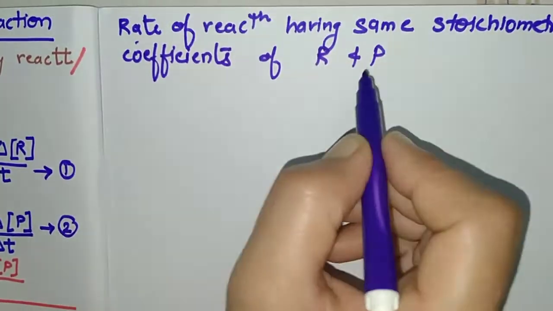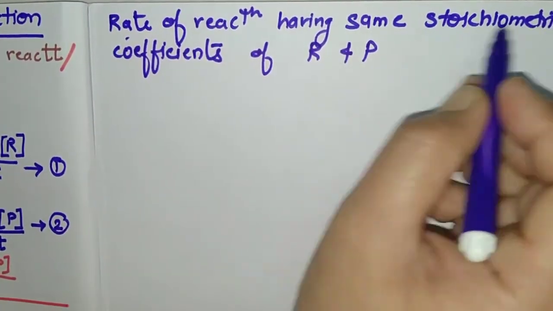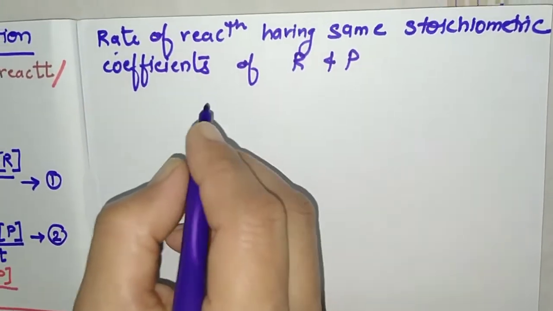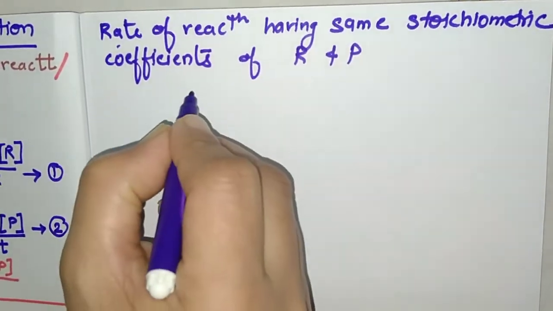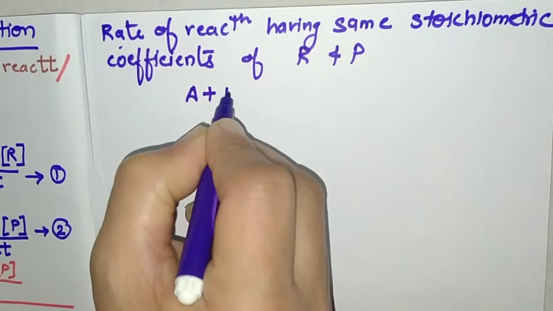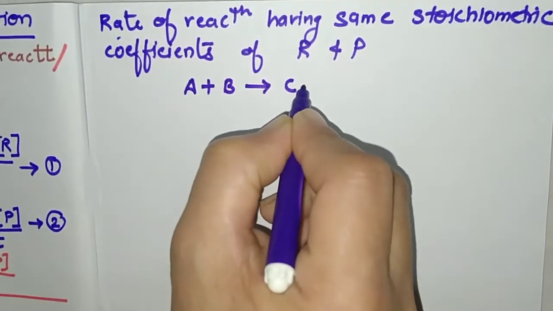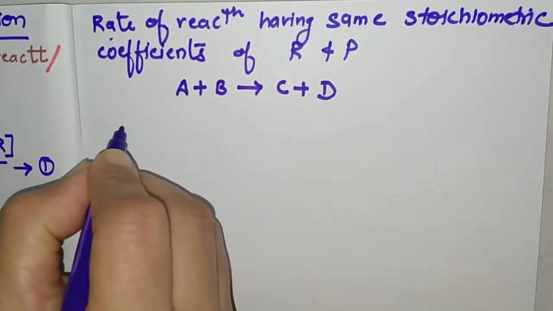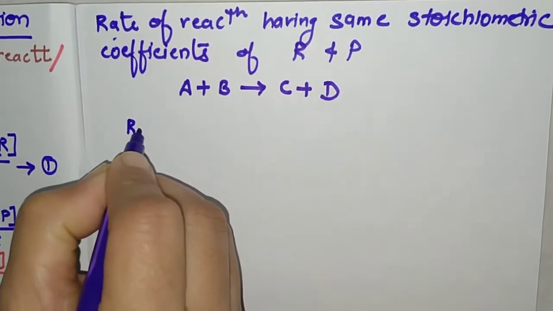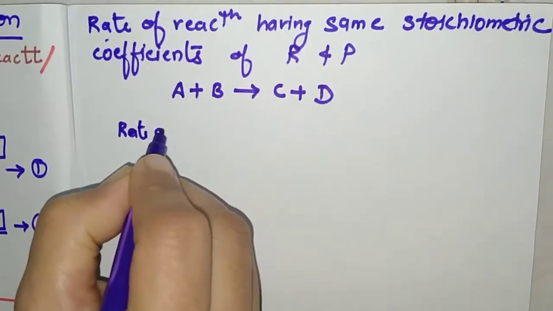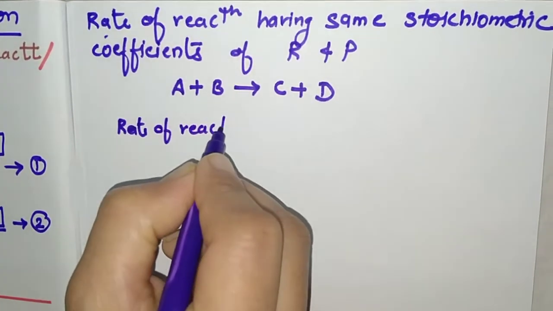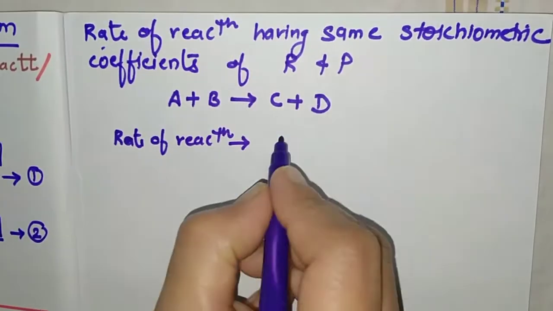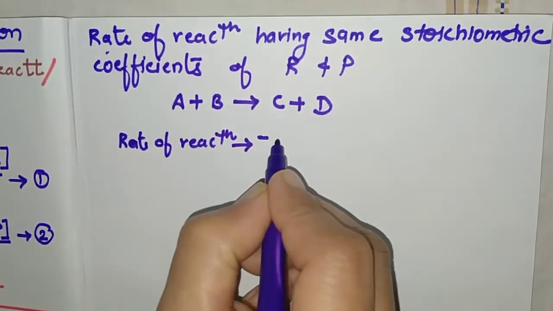Now, rate of reaction when a reaction has the same stoichiometric coefficients. Suppose we take an example, A plus B gives C plus D. Now the rate of reaction here will be the decrease in concentration of reactants.